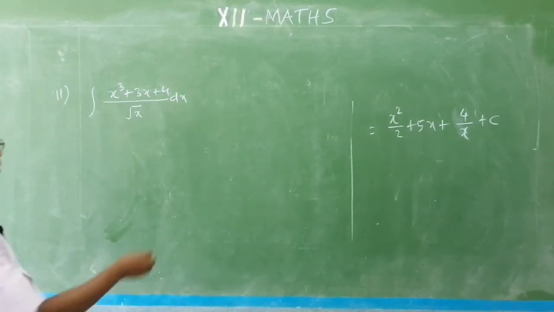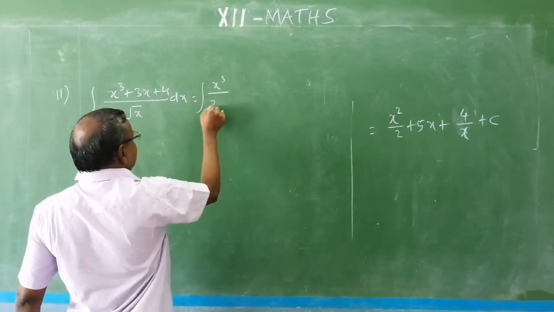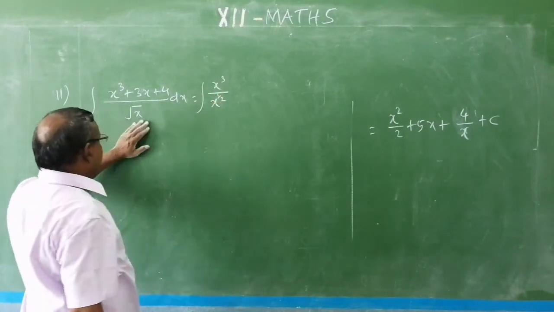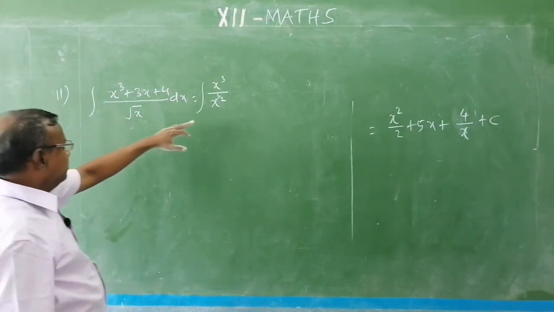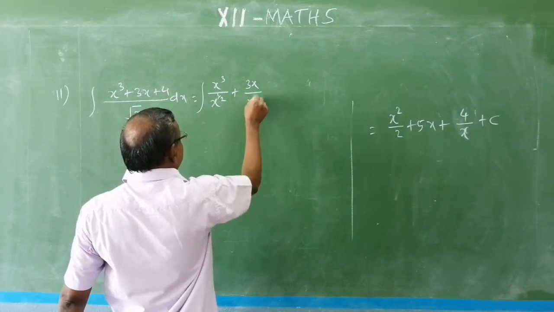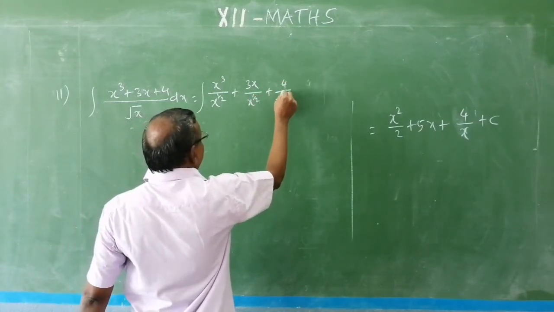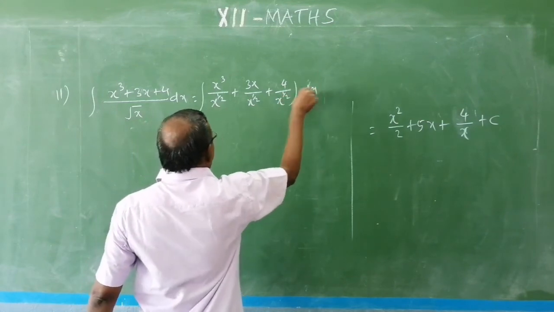Now this is equal to integral x cube by x power 1 by 2, since root x can be written as x power 1 by 2, plus 3x divided by x power 1 by 2, plus 4 divided by x power 1 by 2, into dx.